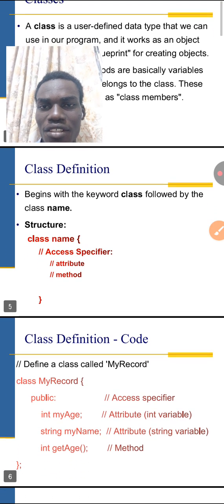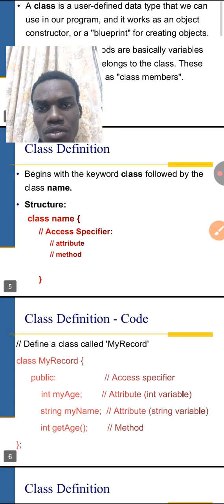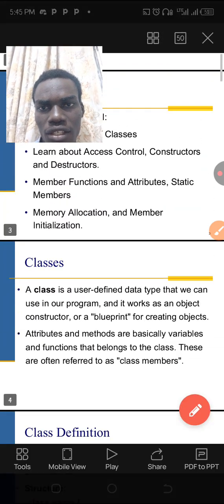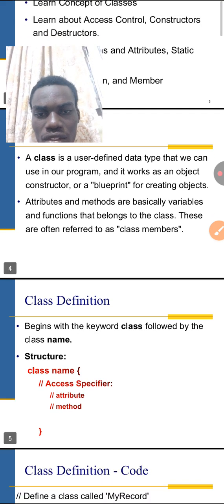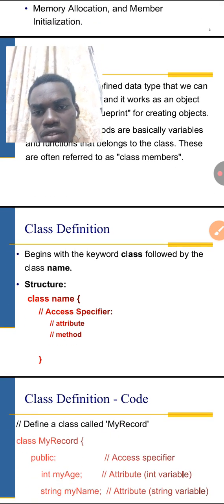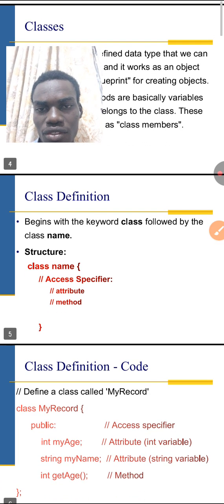Now, when you want to begin a class, or when you want to code or use classes, you have to use the word class. So this is the structure of how the class is formed.